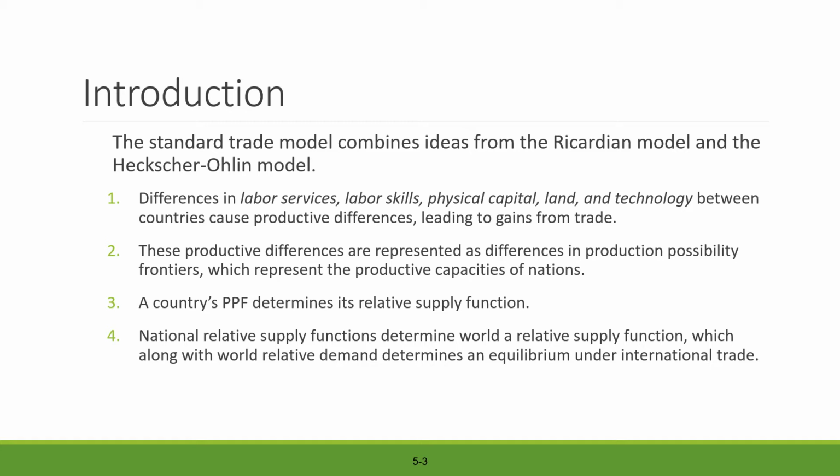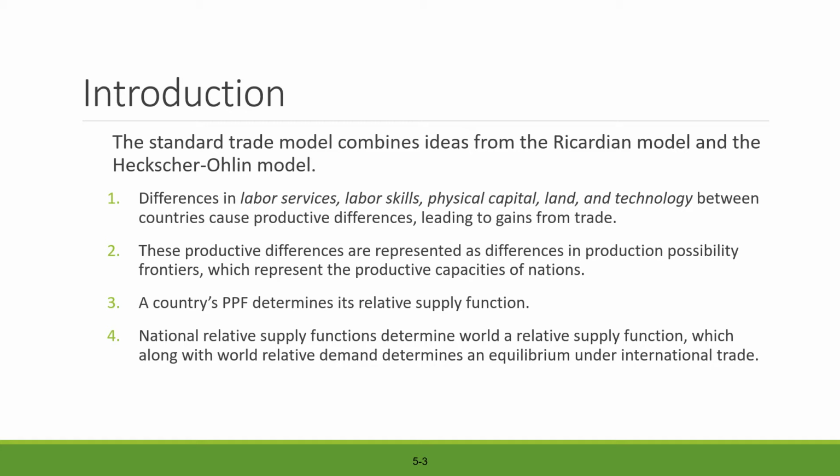So productivity basically depends on the natural endowment, as well as, if we are studying the standard trade model, it depends both on natural endowment as suggested by the Heckscher-Ohlin model, as well as the labor productivity as suggested by the Ricardian model.